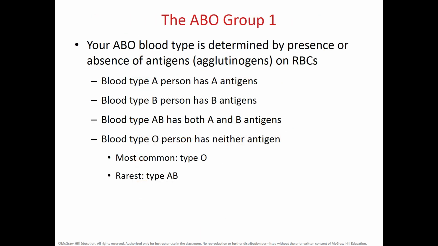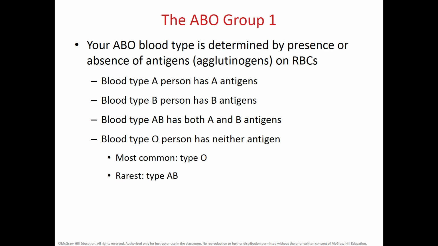So the ABO group classification is determined by the presence of these agglutinogens that we already saw in the previous slide. A blood type A person has A antigens only, while a blood type B person has B antigens only in the red blood cells.